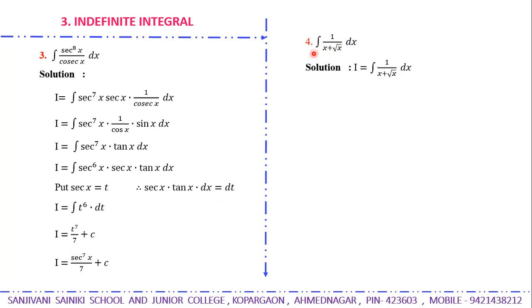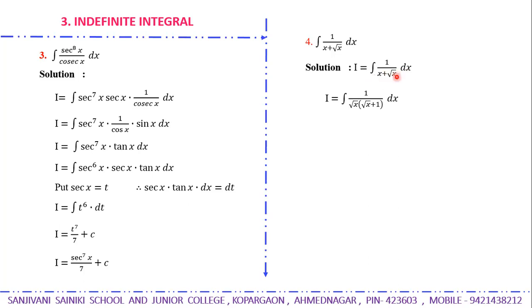The fourth example is integration of 1 upon x plus root x dx. So let I is equal to integration of 1 upon x plus root x dx. So you can take root x common, or I can write this x as root x into root x, or I can write this x as root x bracket square.